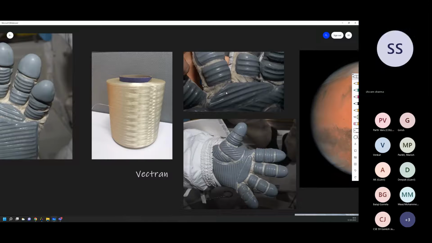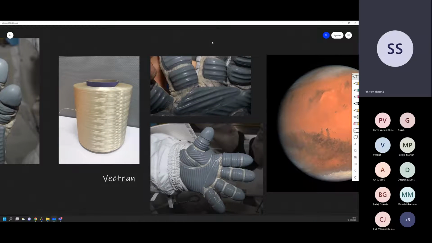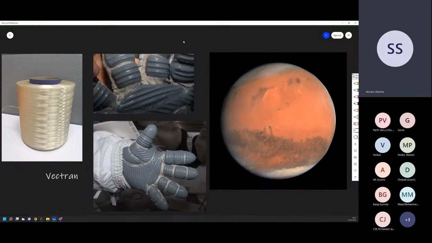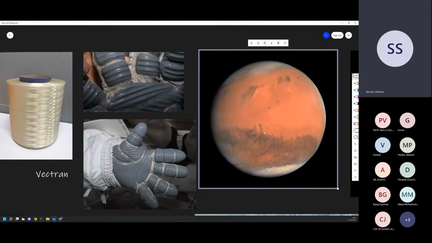Now, if you practically think it through, this is an image of Mars right now. The space station is so near to the Earth versus the Moon or Mars.